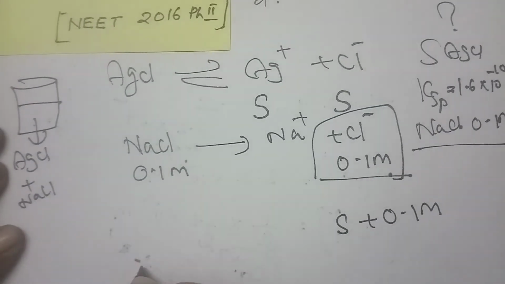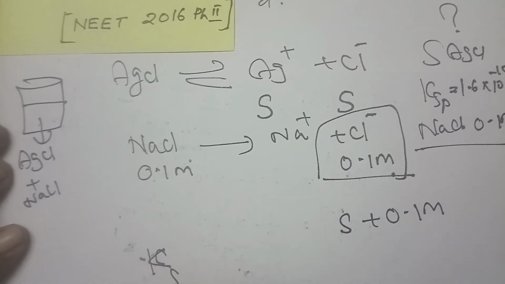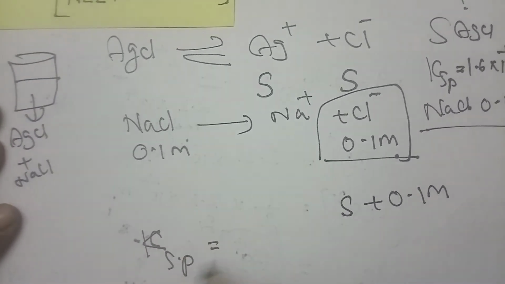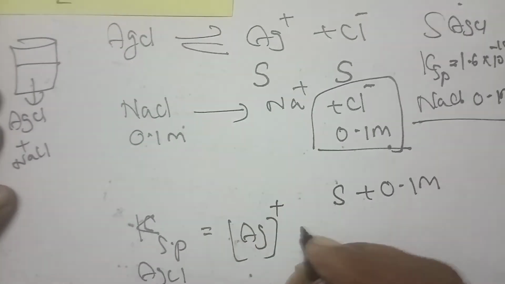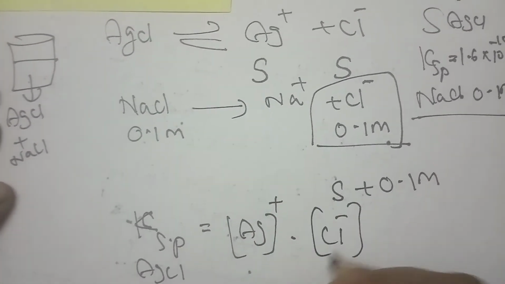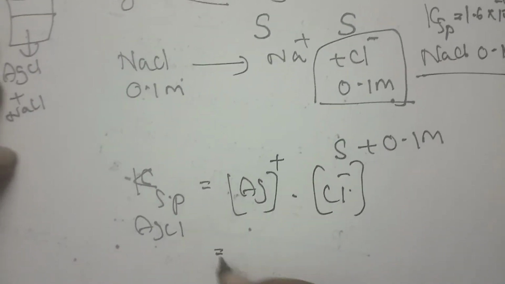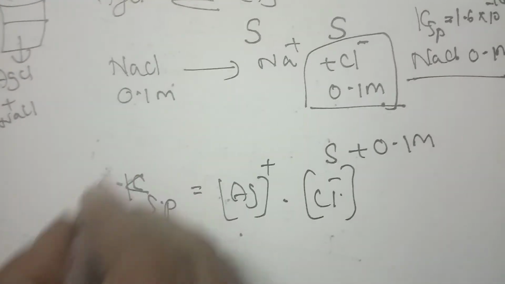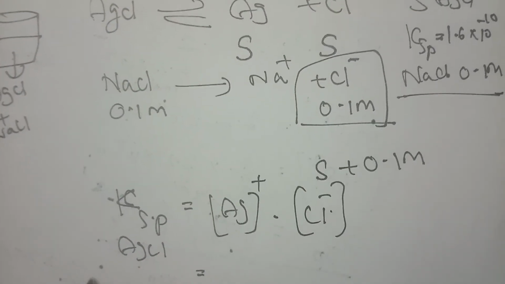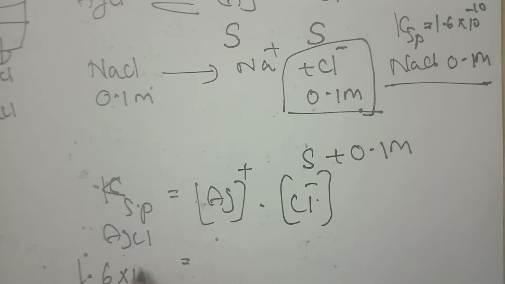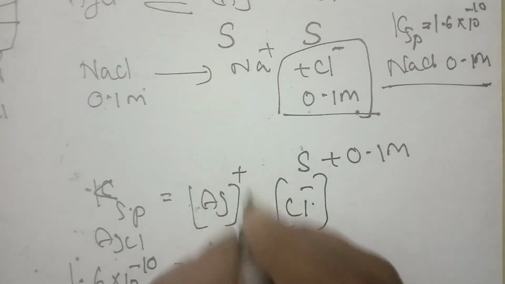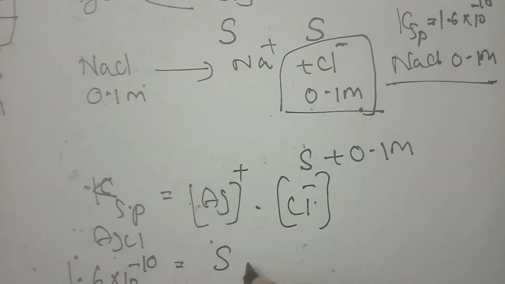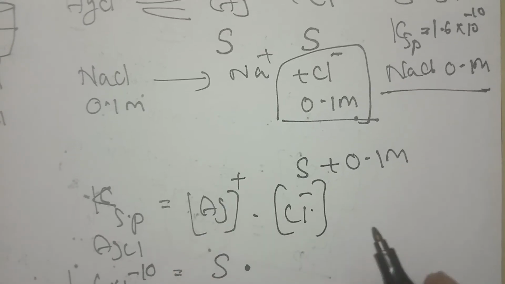Now let us write the solubility product formula. The solubility product of silver chloride is equal to the concentration of silver ion into the concentration of chloride ion. The solubility product value is given, 1.6 into 10 power minus 10. They are asking the solubility. Here the solubility of silver is S, and the stoichiometry is 1 only.